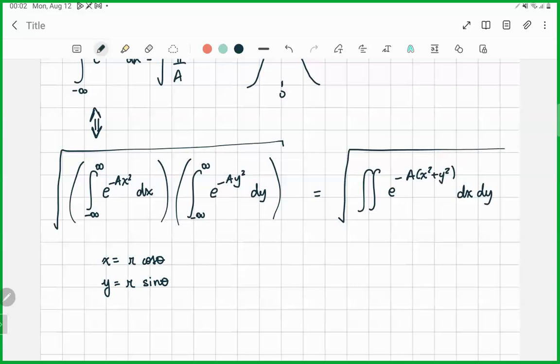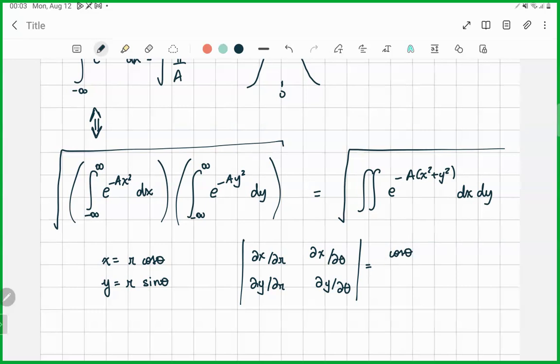When we do that, we have to be careful. We also have to compute the Jacobian, which is the determinant of the derivatives of x and y with respect to r and theta. This is something that you learn in calculus. So here we have cosine of theta.